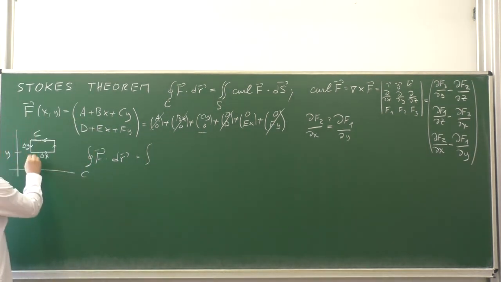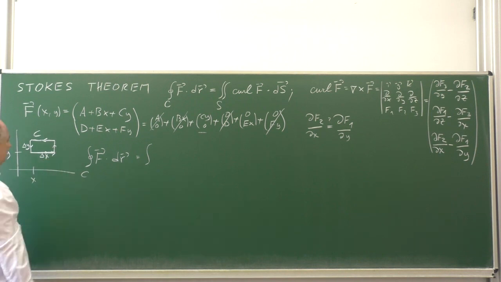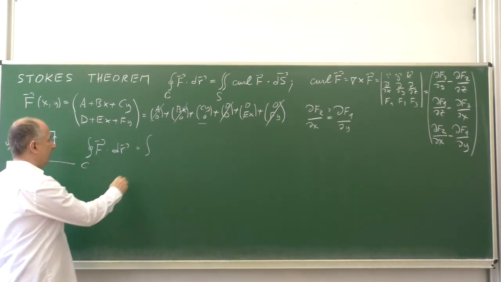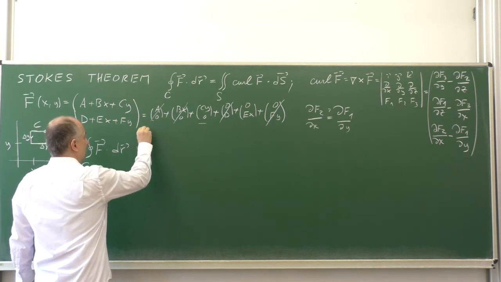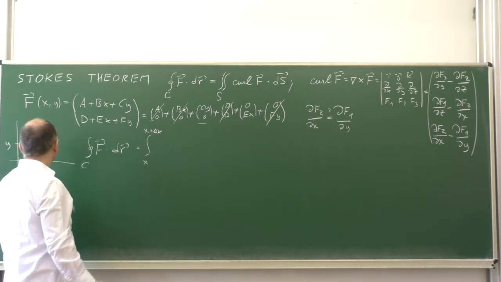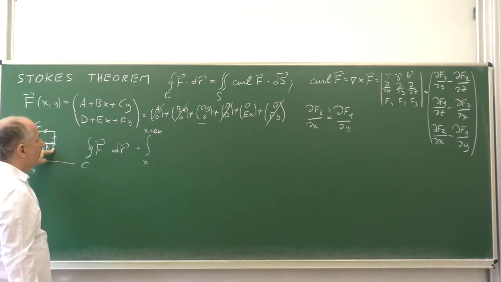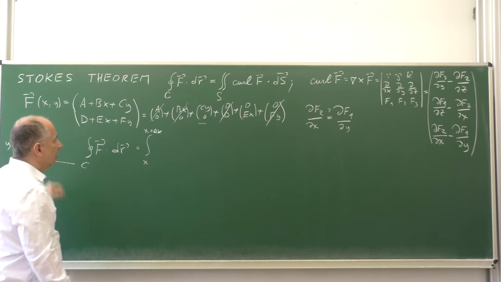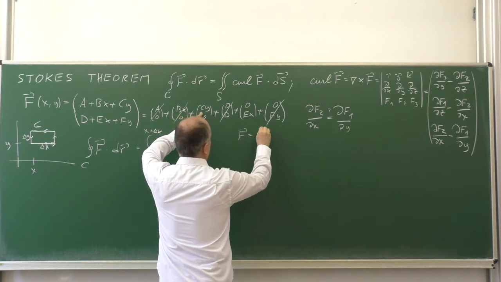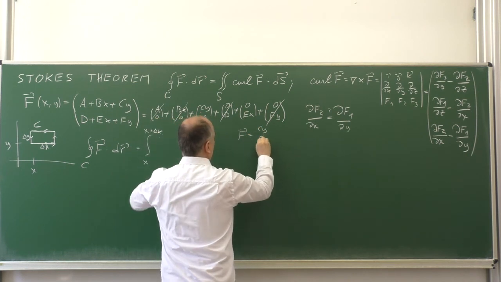Well, when we start with the first segment, then y is constant and x runs from x to x plus delta x. So our vector field can be just cy, ex.